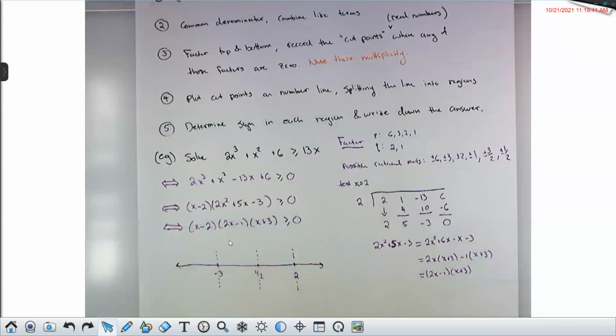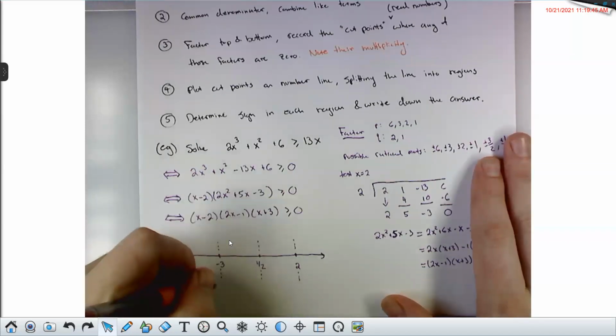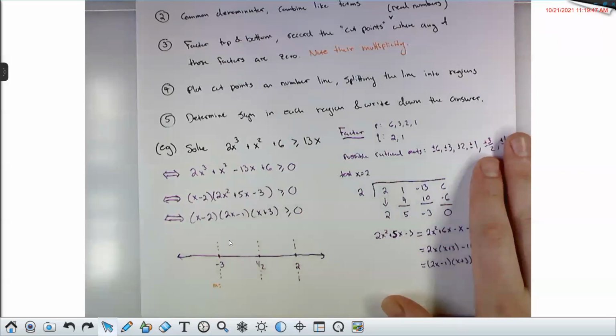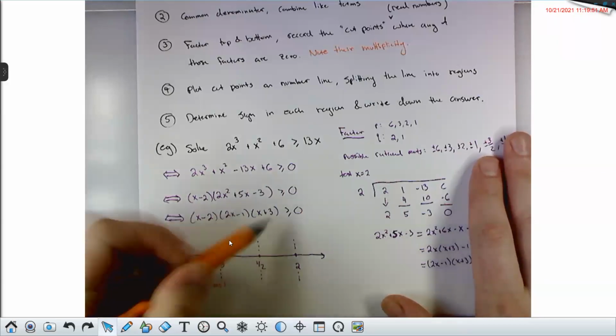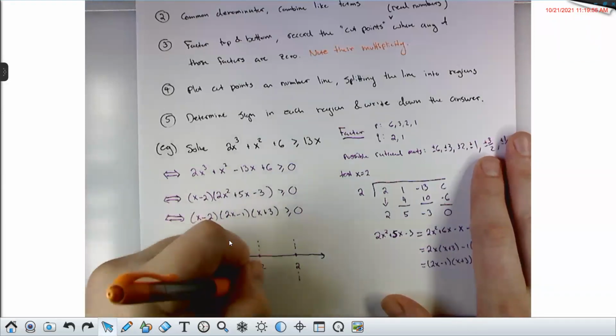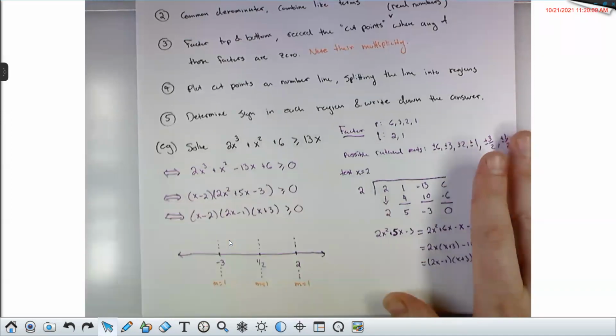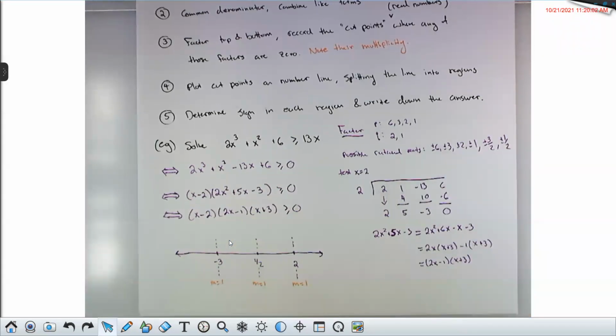So let's record the multiplicity of each of these cut points. What is the multiplicity here at negative 3? 1. Good, because the power of this factor is 1. In fact, they're all 1. So what can I deduce from that?